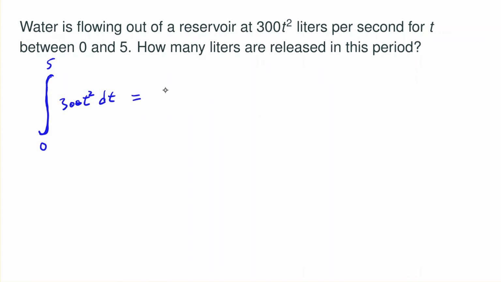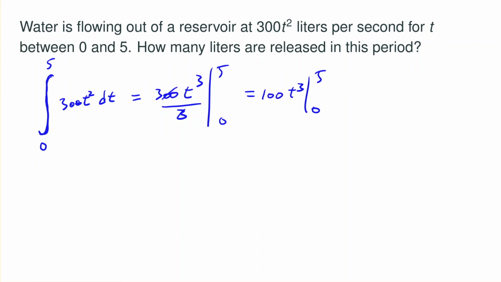So let's take the antiderivative, which is 300 t cubed over 3, evaluated at 5 and 0. This can simplify to 100 t cubed, from 0 to 5. So first we plug 5 in and subtract after we plug 0 in, right?